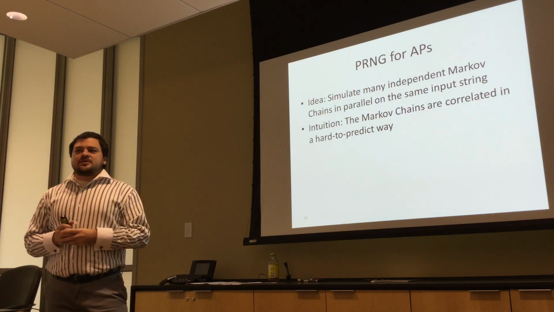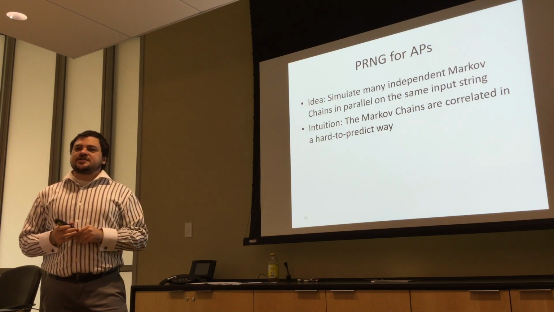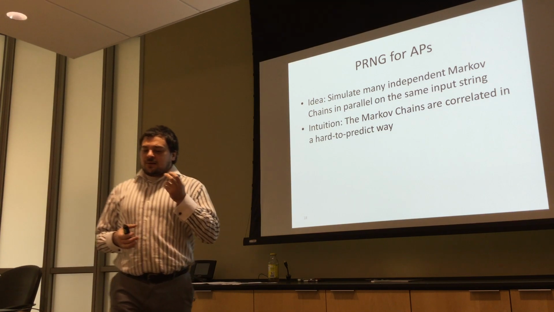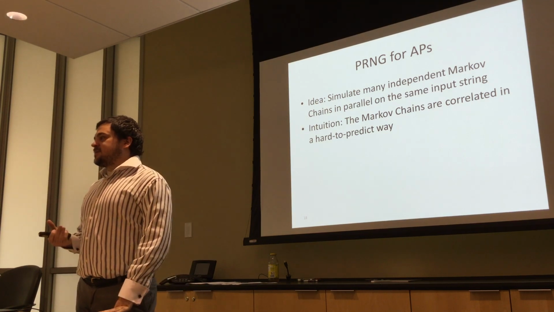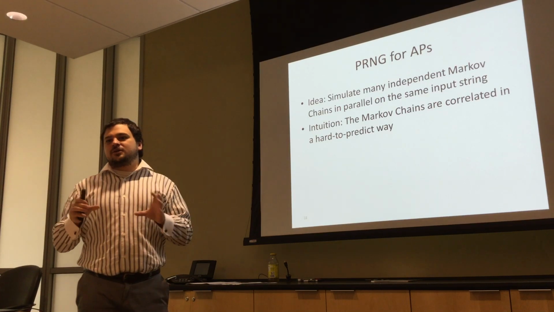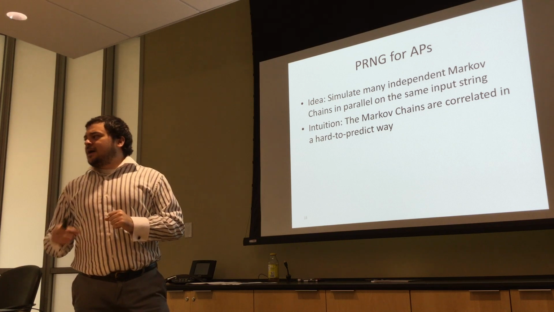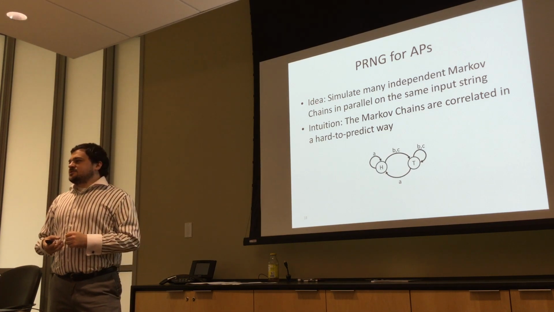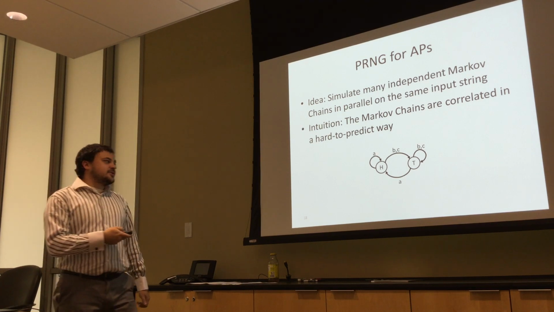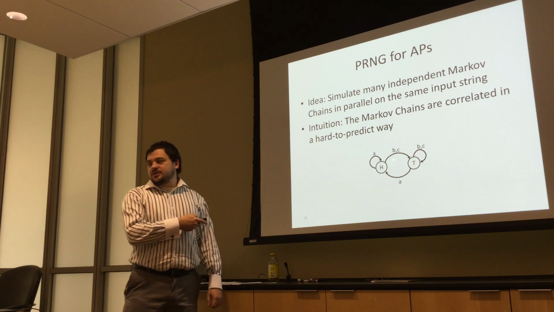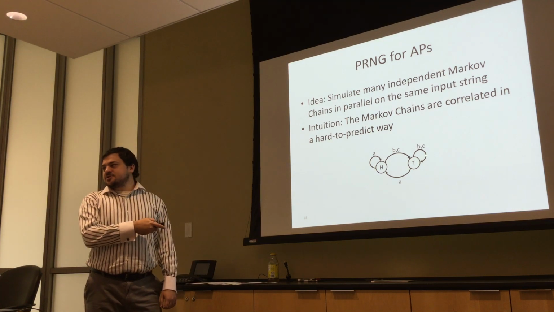The way that we do pseudorandom number generation on the AP uses a conversion of Markov chains to automata. The idea is we're going to be simulating a large number of parallel Markov chains all at the same time as automata. So for instance, let's say that we wanted to simulate a biased coin. Here, this is going to be our automaton for a coin that lands heads with probability 1/3 and tails with probability 2/3.